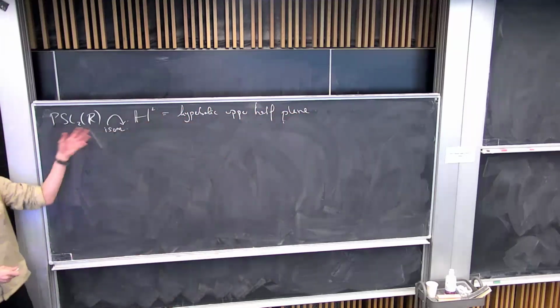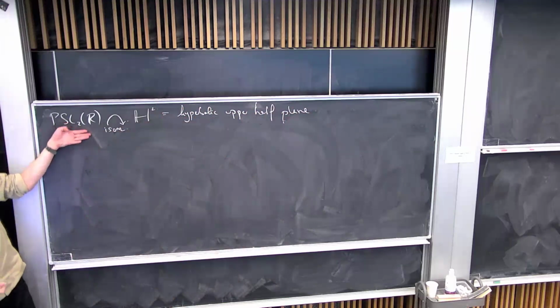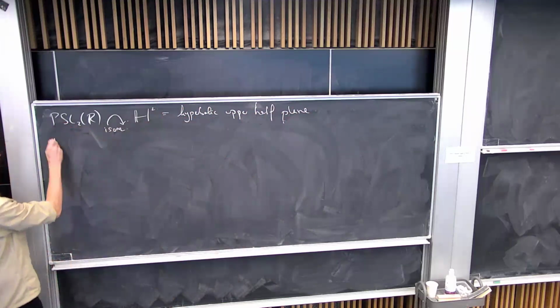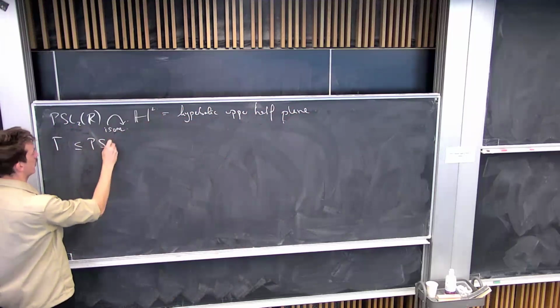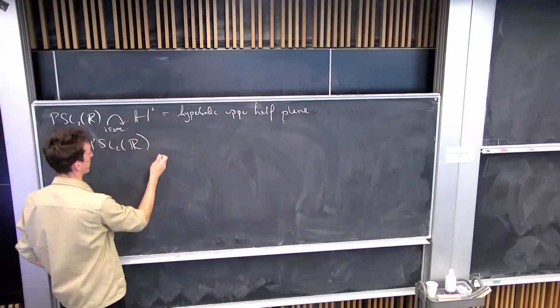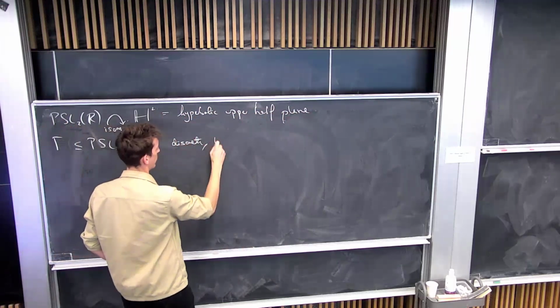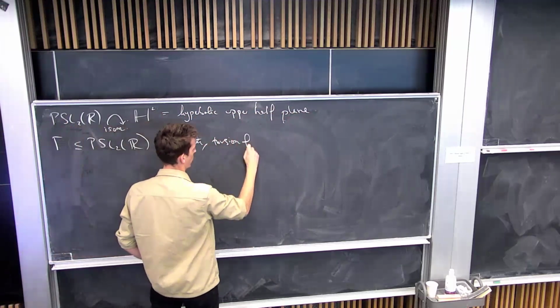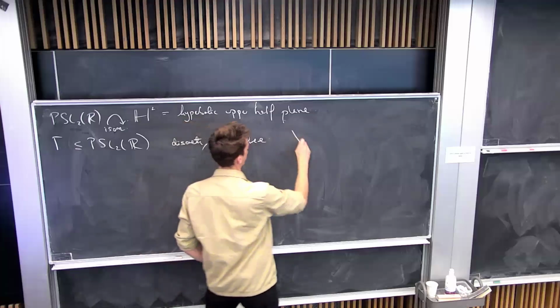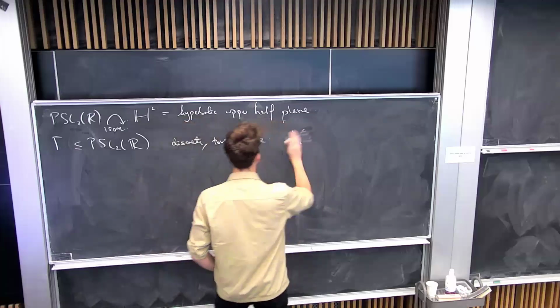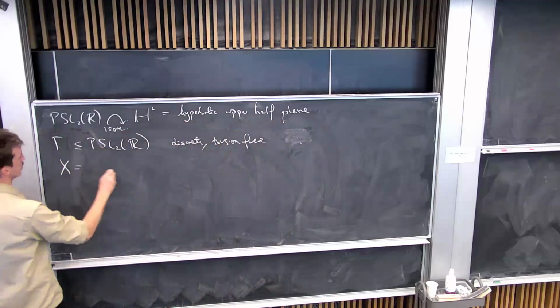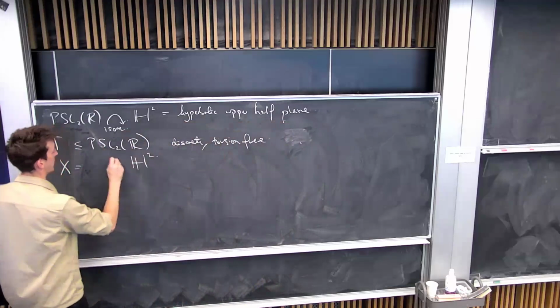What you can do with this is take a discrete group of this and quotient H2 by that discrete group. Let gamma be a discrete, torsion-free subgroup of PSL2R, and let X be the quotient of H2 by gamma.